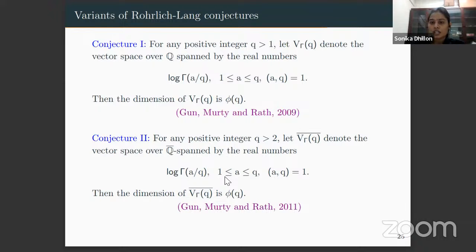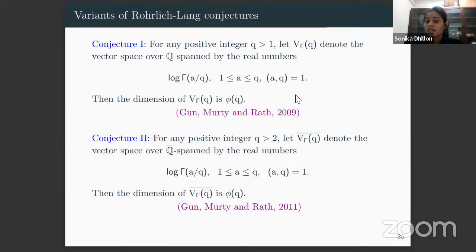And they conjectured that if you take the logarithm of gamma values and take the vector space spanned by those, here gcd(a,q)=1, then the dimension of this vector space is phi(q). Basically, they are saying that the logarithm of gamma values a/q, where gcd(a,q)=1, are linearly independent over the field of rationals.